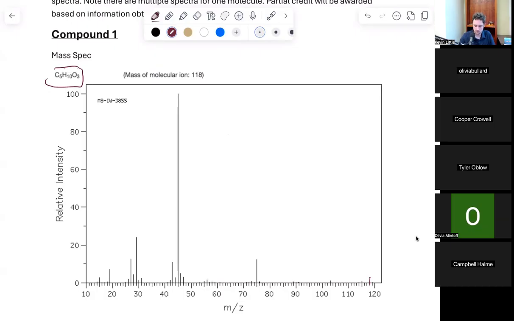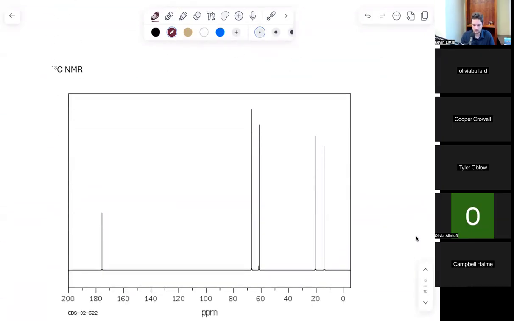That's 2 times 5 plus 2, minus the number of hydrogens, all over 2. That's 12 minus 10, which is 2, over 2. That's a degree of unsaturation of 1. Since there are 3 oxygens, I'm thinking carbonyl. Probably, good chance. That's all I'm going to look at in the mass spec.